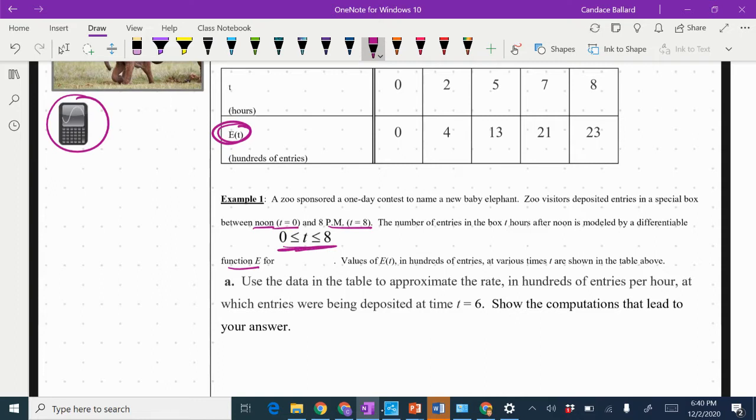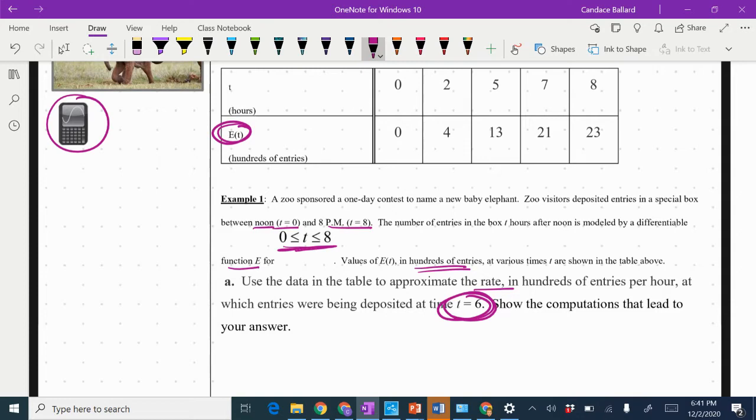Values of E of t in hundreds of entries, notice it's in hundreds of entries, at various times t are shown in the table above. So we are supposed to use the data in the table to approximate the rate, in hundreds of entries per hour, at which the entries were deposited at time t = 6. Show the computations that lead to your answer.